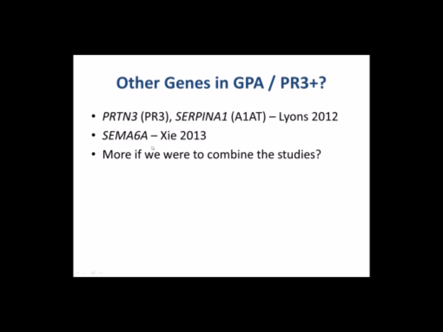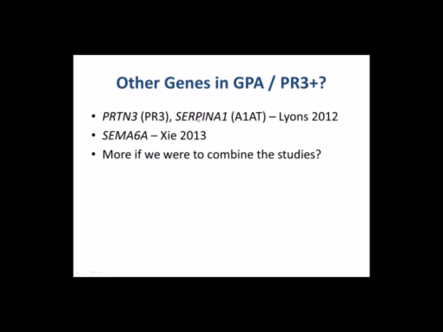So in addition, are there other genes involved? Well, the paper from the European group also found that proteinase 3 itself, the target of autoimmunity, PR3, is a risk factor. This was known. This again was a known finding that a gene for a protein called alpha-1 antitrypsin, this is its gene name, is called serpin-A1, is a risk factor, but they didn't find anything else.